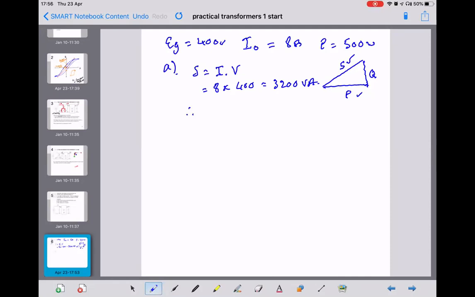Therefore, Q is equal to the square root of S squared minus P squared, the root of 3,200 squared minus 500 squared.